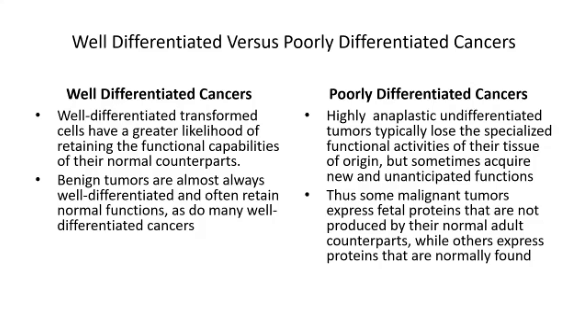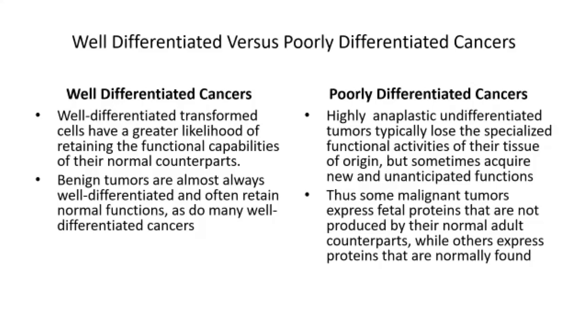Whereas poorly differentiated cancers, especially anaplastic thyroid carcinoma, lose the function designated for their normal counterparts. In fact, they go back and express substances which are not expressed by the normal counterpart, but were expressed earlier.